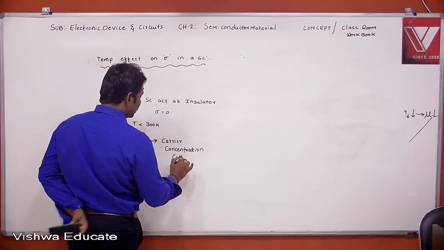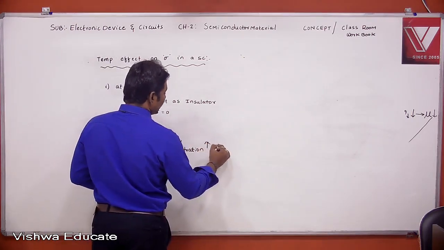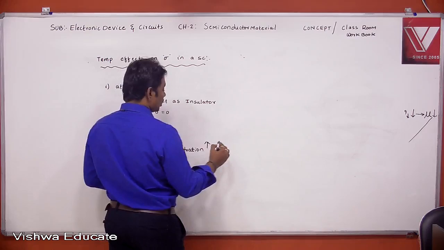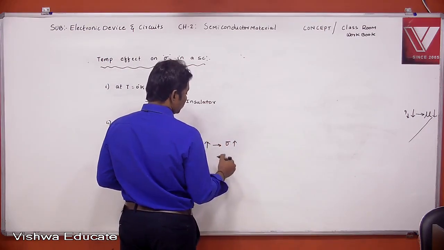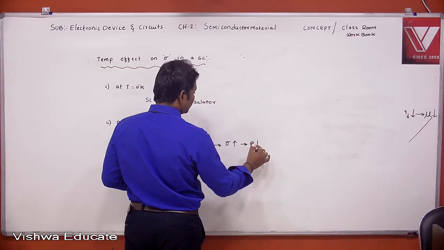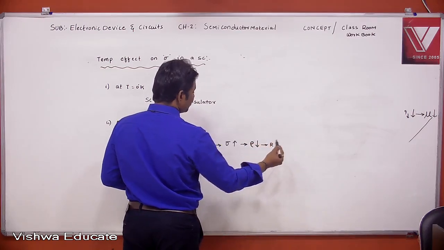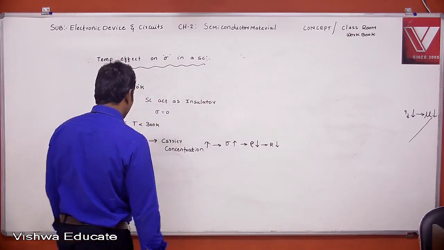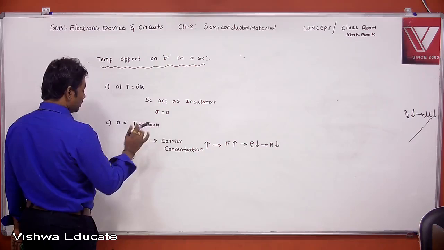Carrier concentration increases means what about the conductivity? The conductivity also increases, right? If conductivity increases, what about the resistivity? The resistivity decreases. If resistivity decreases, what about the resistance? The resistance also decreases, right? This is the graph between 0 and 300 degrees Kelvin.